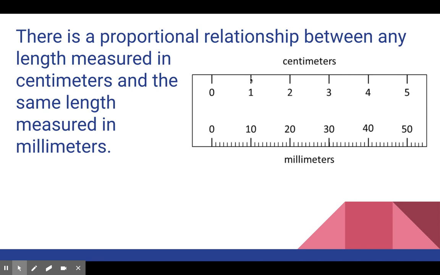Obviously, if I have 1 centimeter, it's equivalent to 10 millimeters. 2 centimeters is equivalent to 20 millimeters. 3 is equivalent to 30 millimeters. 4 centimeters is equivalent to 40 millimeters. And 5 centimeters is equivalent to 50 millimeters.